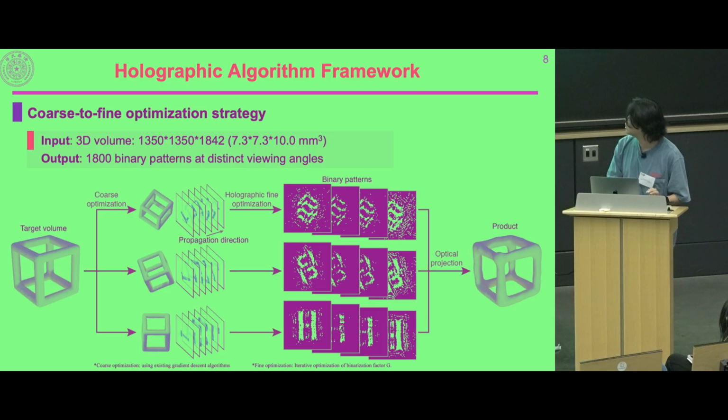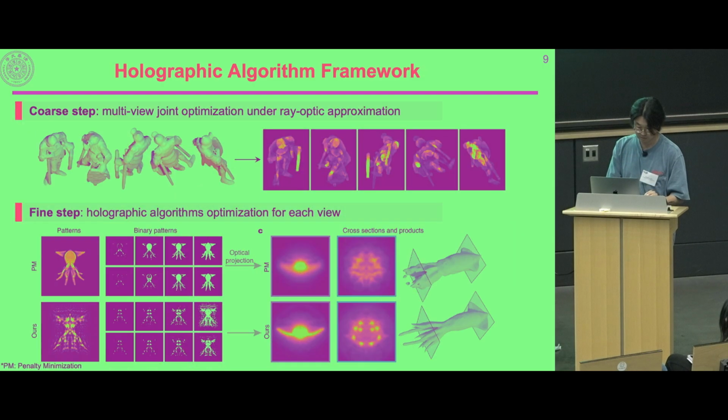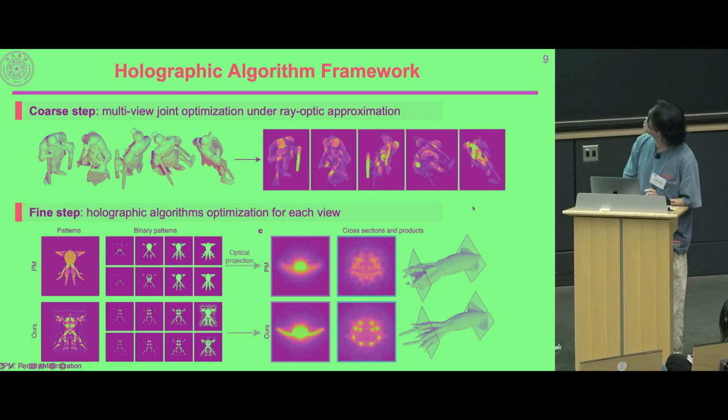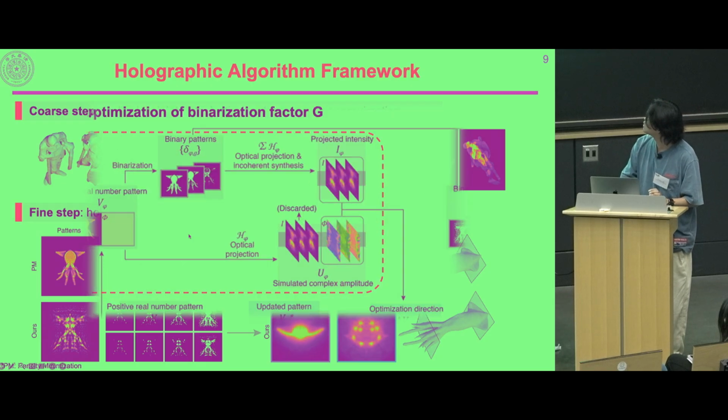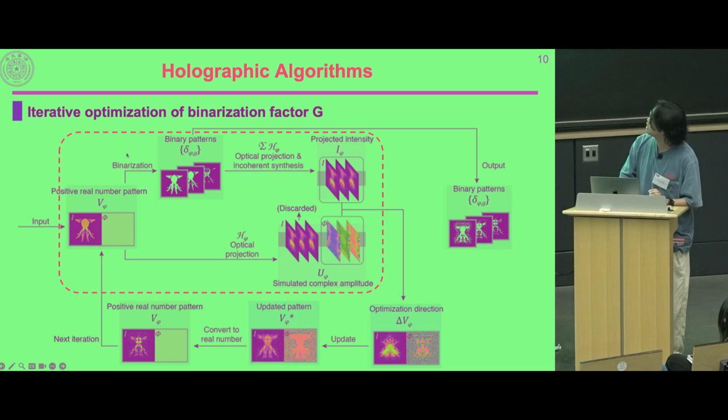Basically, we optimized the binarization factor G. Here is a coarse step. We were able to do low resolution 3D printing first, and then we optimized the holographic illumination step by step. This is a little bit complicated, so we use an iterative method.